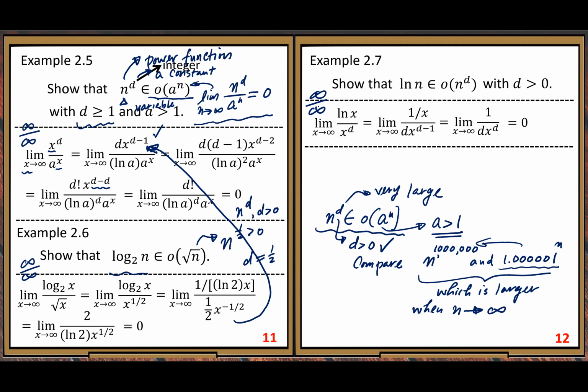Similar to this one, I already explained this case: compare a power function and an exponential function, where the base is very close to 1, like 1.00 with many zeros after the decimal point, then 1. Compare that. It's another similar question that comes from this example.